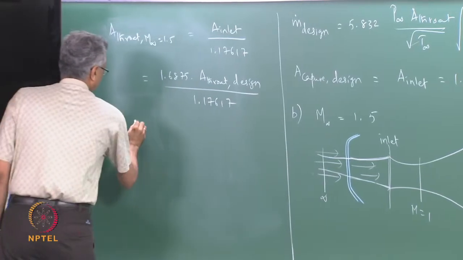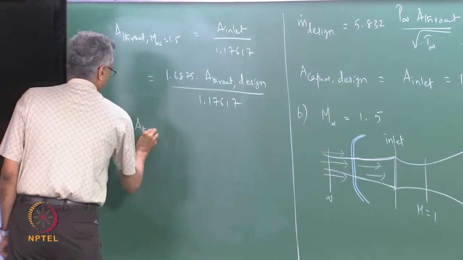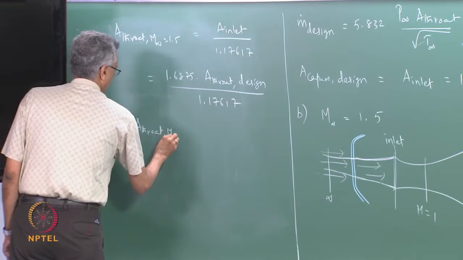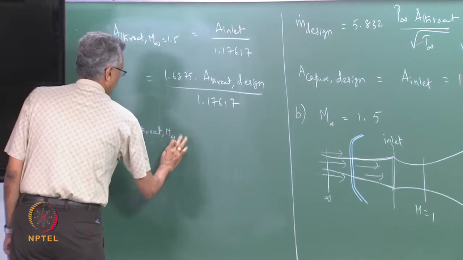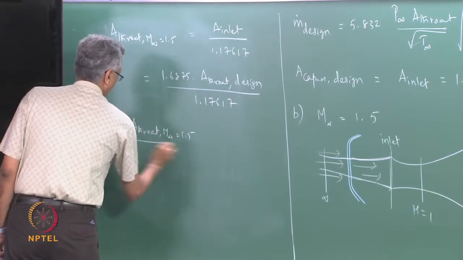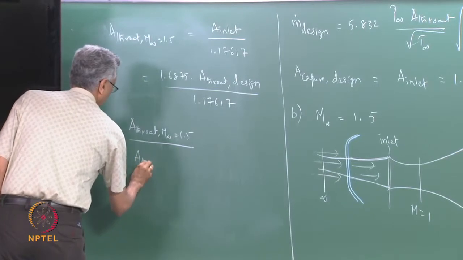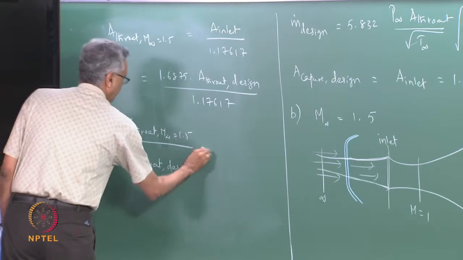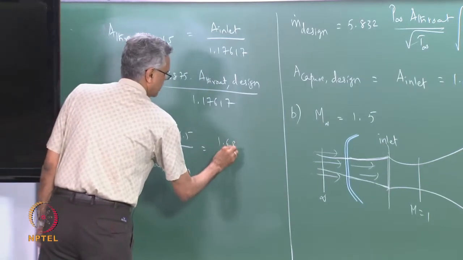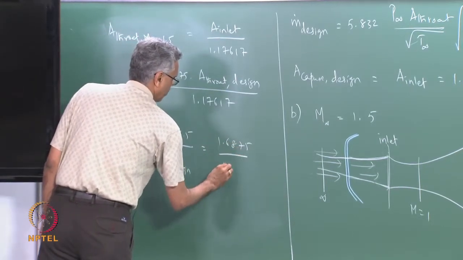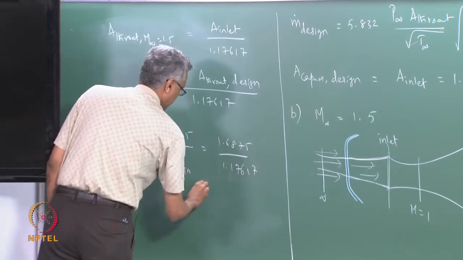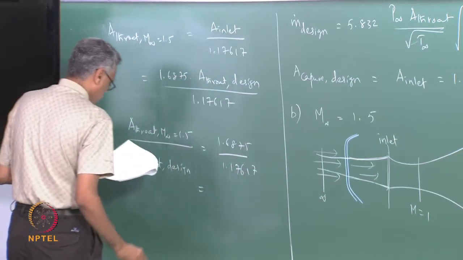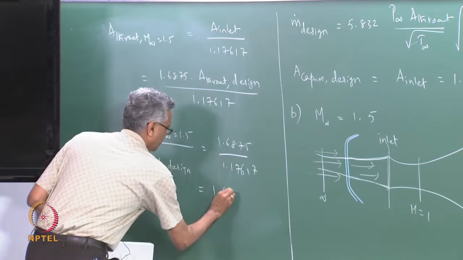So which tells me that A throat at M infinity equal to 1.5 divided by A throat design is equal to 1.6875 divided by 1.17617. So I get this to be 1.435.